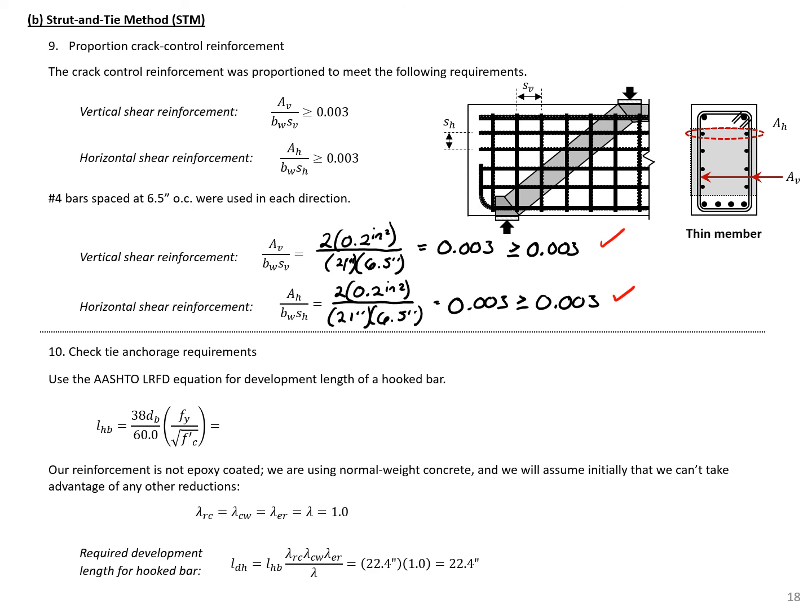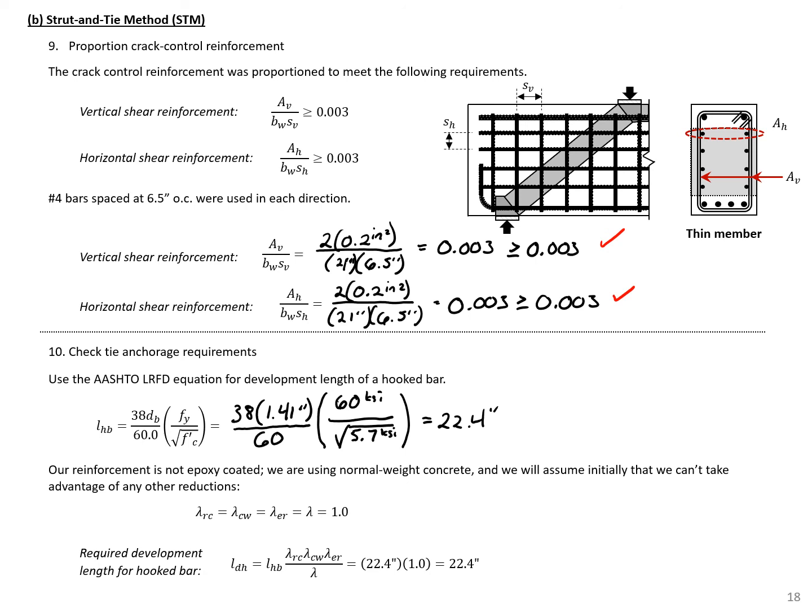So next we need to check our tie anchorage reinforcement requirements. So we'll use our AASHTO expression for this, and we'll have 38 times the diameter of our number 11 bars, our bottom tension tie, 1.41, divided by 60 times 60 ksi, divided by the square root of 5.7 ksi, which will be equal to 22.4.